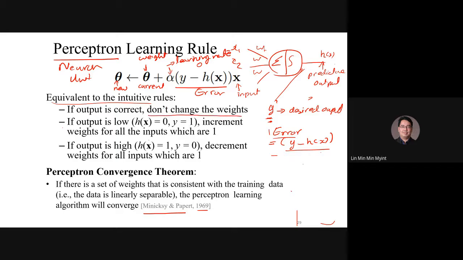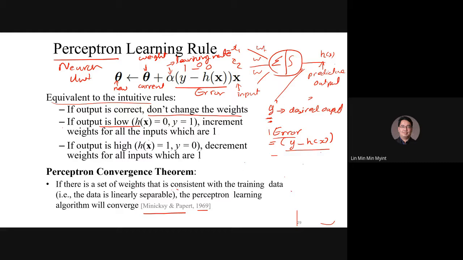If the output is low, for example in the binary case, the predicted output is 0 and the desired output is 1, so it is 1 minus 0.